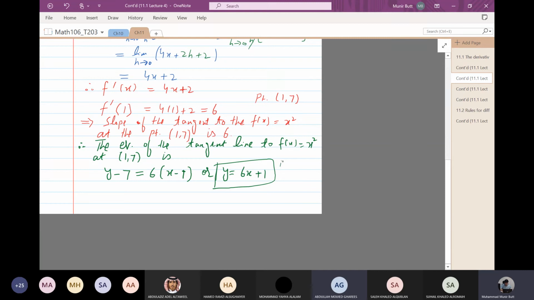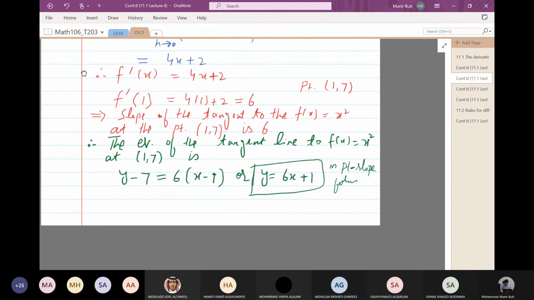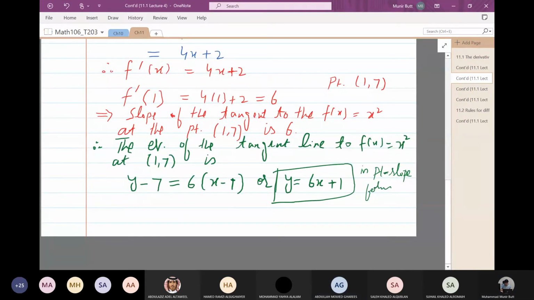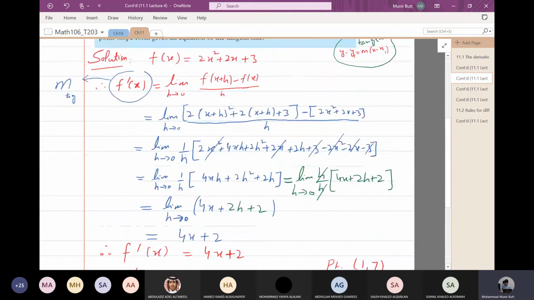But about if x equals x square, you see it? Say it again. The tangent line of f(x) equals x square. Read the question. Yes, this is the answer: the equation of the tangent line to this curve at this point is this one. So what is the question?